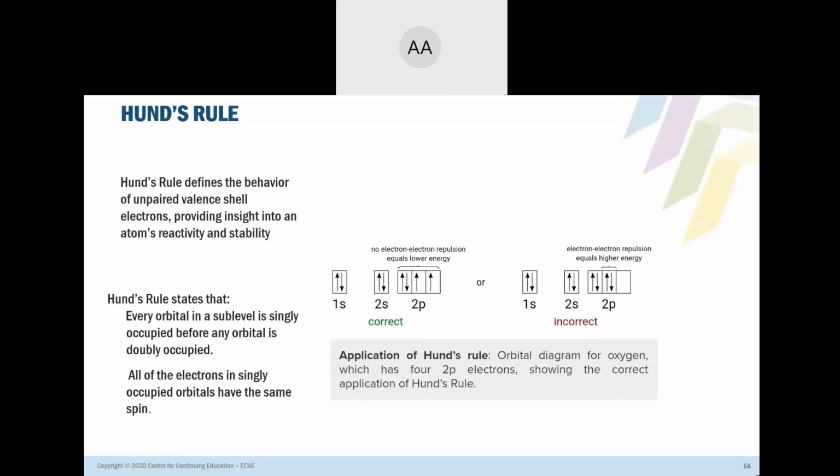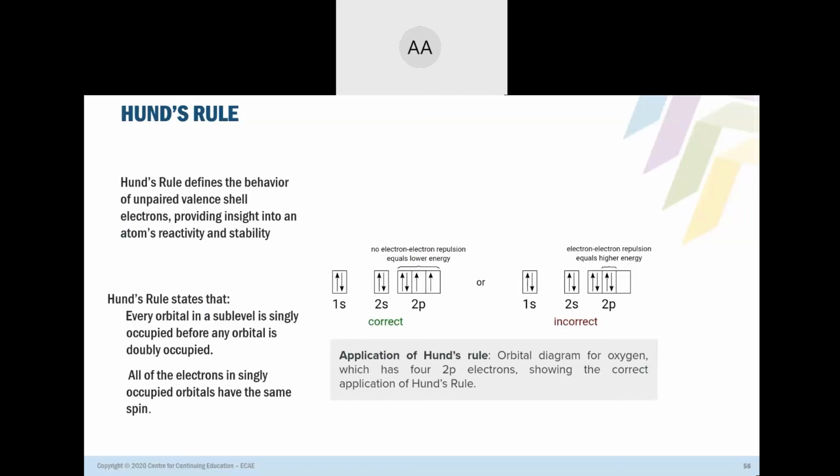And this is something that students often get wrong. So you can see where we've got the green correct diagram, we've got electrons occupying all of the 2p orbitals, and the last two are single electrons and they have the same spin.